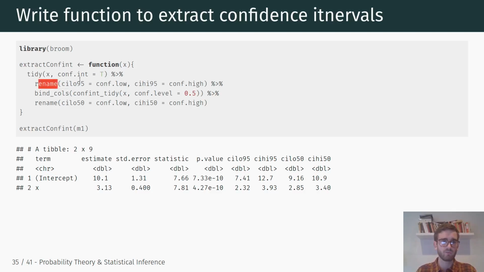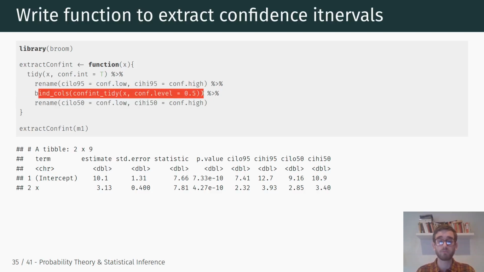Then I just rename those two columns that contain the confidence intervals, and then I add additional confidence intervals for the 50% confidence intervals, because we want to compare both the coverage of the 50% confidence interval and the coverage of the 95% confidence interval.